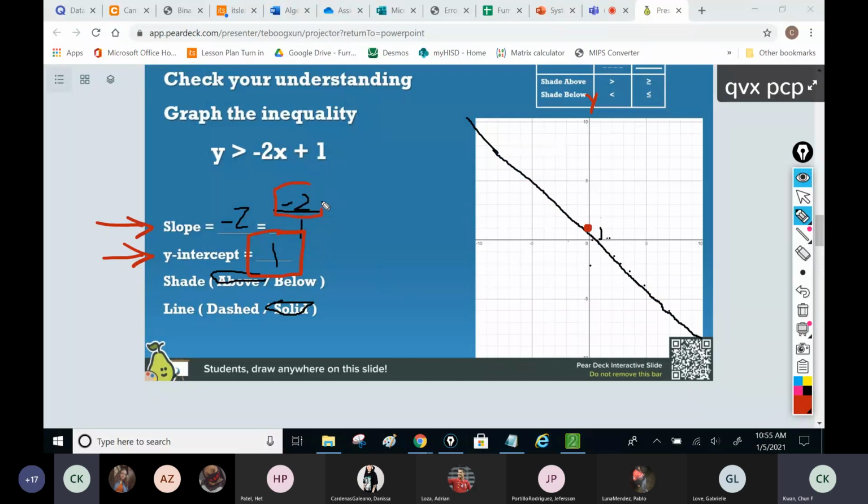The slope is rise of -2, so you go down 2 units and run across 1 unit, like right here. You keep going: down 2 units, run across 1 unit, down 2 units, run across 1 unit. You should get a line that looks something like this.